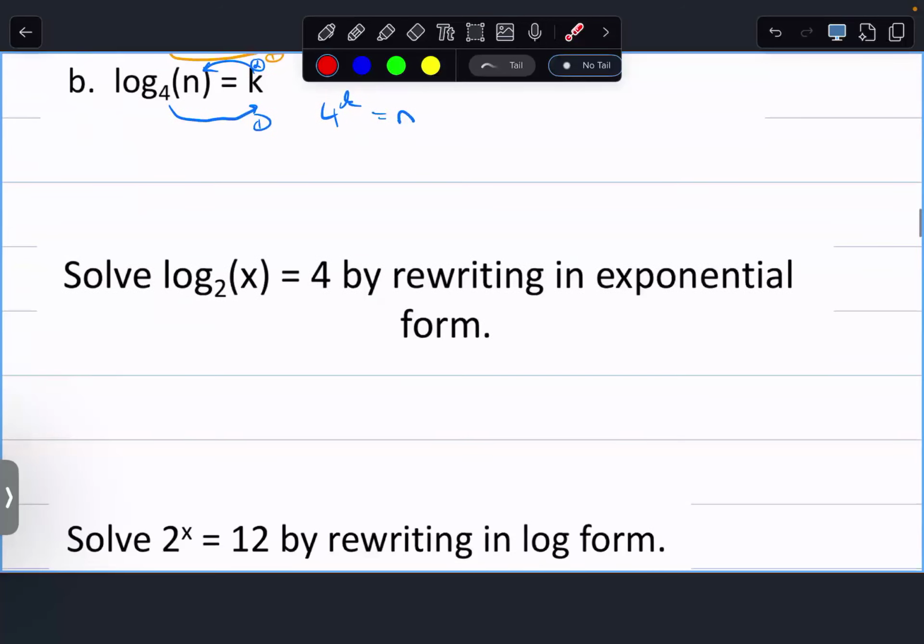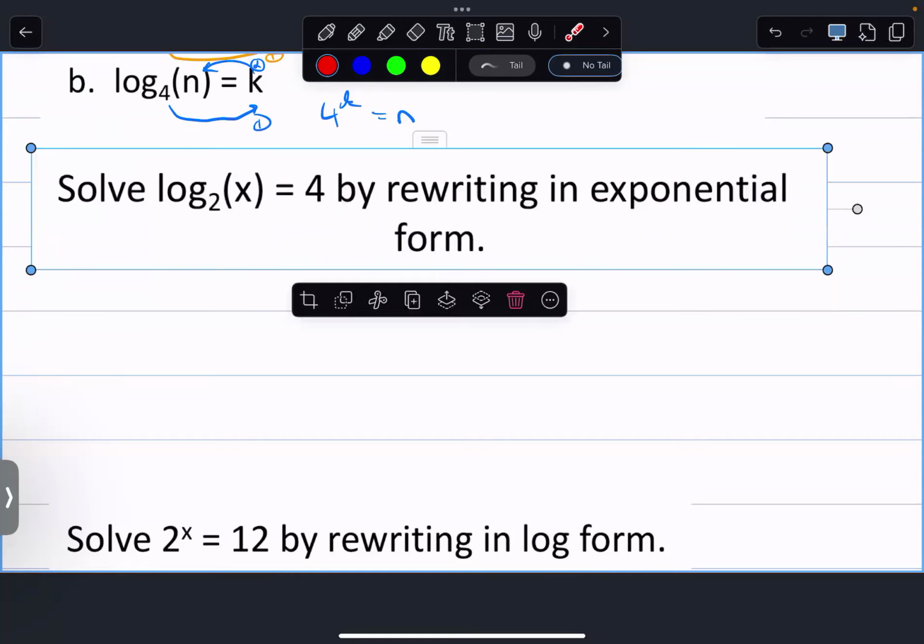But if we have to solve log base 2 of x is equal to 4, right? So now we use that same move, where I want to get at something inside the log. So I can rewrite this and say, okay, 2 to the power of 4 is equal to x. So then all of a sudden I just did it.